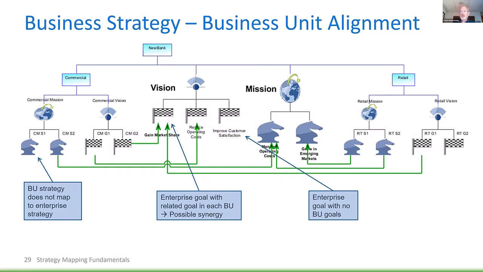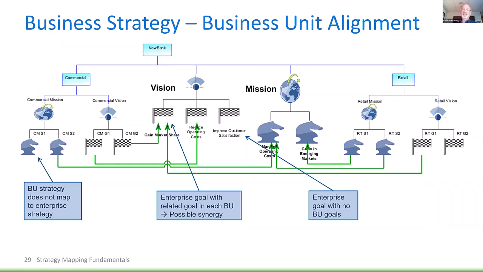But what we want to make sure is that we understand how those lower level plans trace and roll up to the enterprise plan. So again, I didn't spend much time trying to come up with good words for the business unit stuff. So I just abbreviated them with CM strategy, so CMS1 is the commercial strategy 1, CMS2 is the commercial strategy 2, so on and so forth.